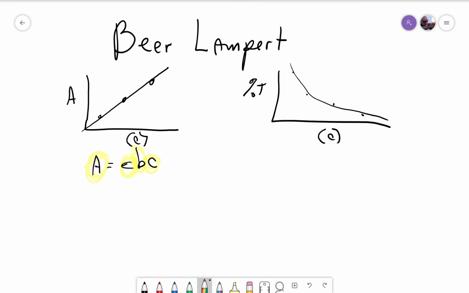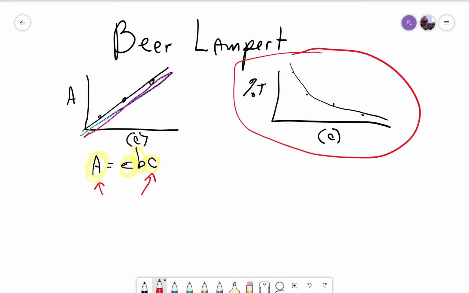And at least within the dynamic range, you end up with a nice straight line relationship between absorbance and concentration. As opposed to, remember that absorbance is the inverse of percent transmission, which is a logarithmic function.